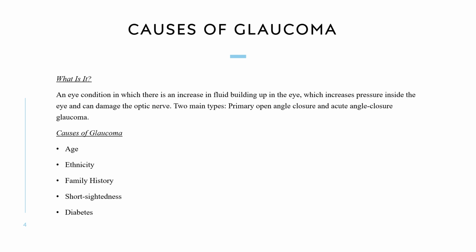Family history is another big one. If you go for an eye exam, they might ask you if anyone in your family has a history of eye disease like glaucoma because there is a familial connection there. Being short-sighted, sometimes being long-sighted, can increase the risk of developing glaucoma later in life, and diabetes is also a risk factor.